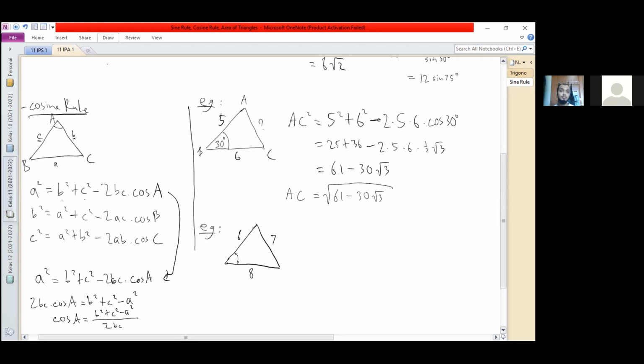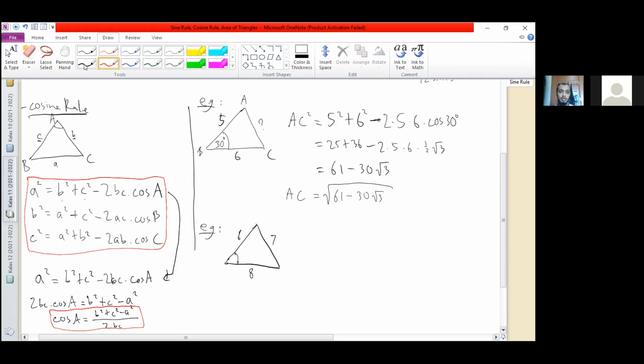If you want to memorize, then it's fine. But if you don't really like to memorize formulas, just memorize one of these, and then you can find the other formula yourself. So we can use this formula directly, or we can start from here, find the cosine, and then find the angle.